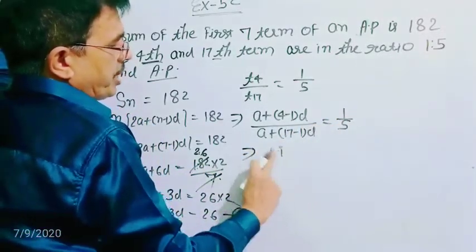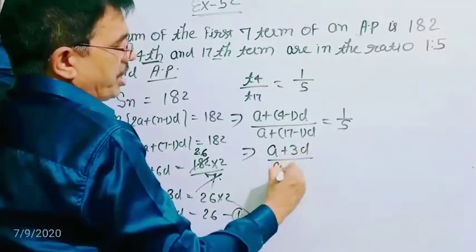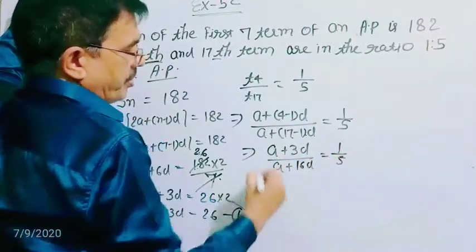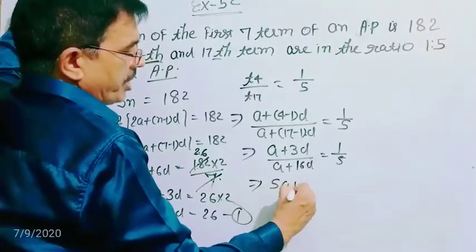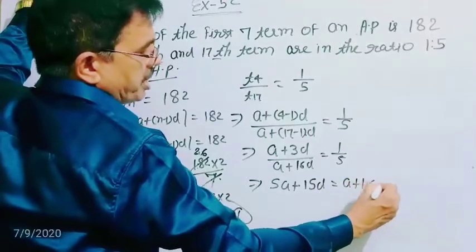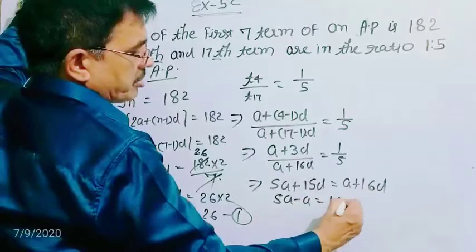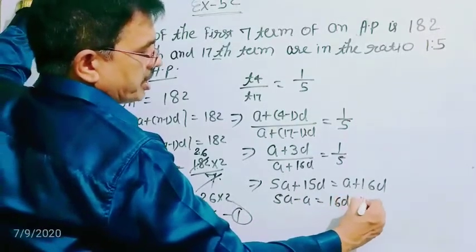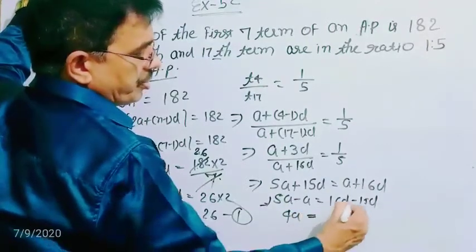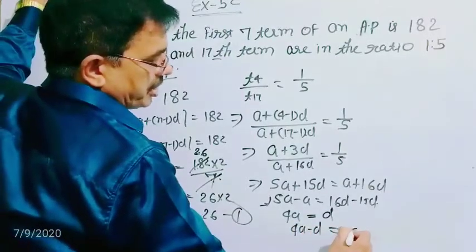Here A plus 3D and here A plus 16D is equal to 1 by 5. Cross multiplication, then 5A plus 15D is equal to A plus 16D. Here you write 5A minus A is equal to 16D minus 15D. Then 4A is equal to 16D minus 15D, hence 4A minus D is equal to 0.